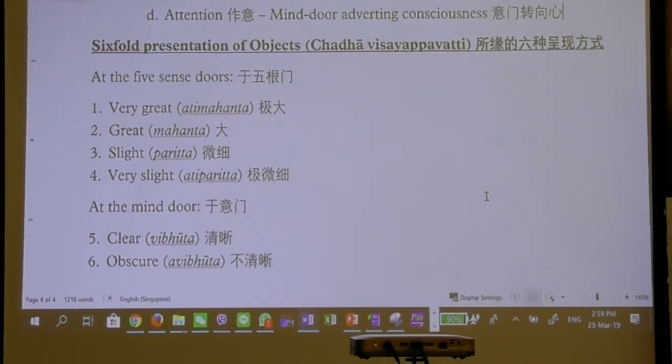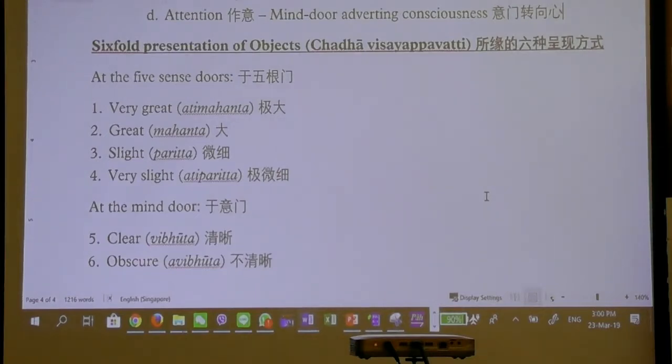We call it very great object. One more thing. Sometimes there are many kinds of color objects here, but you are not familiar. Very new for you. At that time, they take time to decide which color, which one. At that time, those objects cannot be very great.